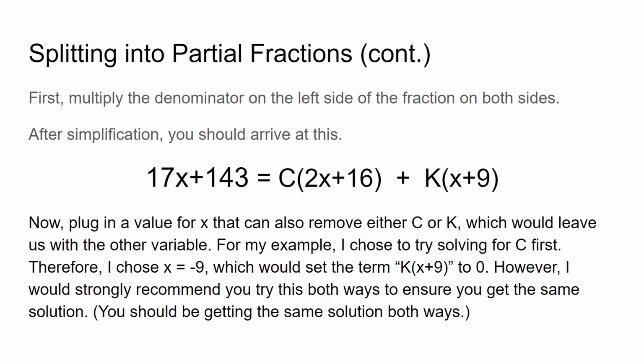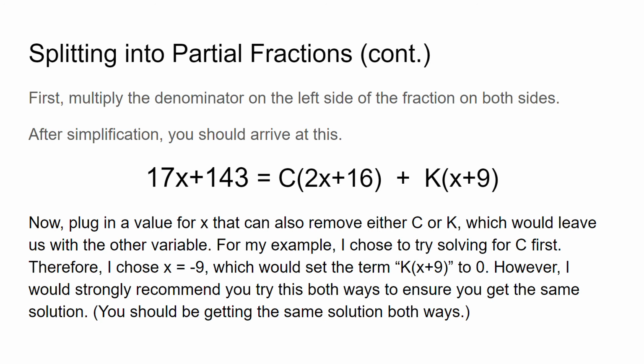Once you are done simplifying, you should have something like stated below. 17x plus 143 is equal to C times (2x plus 16) plus K times (x plus 9), because the terms do cancel. Because you put the entire quadratic over one of the factors of the quadratic, the corresponding factors eliminate in each case. But you still have 3 variables, so you need to try to solve it. And you can see I wrote it down here already.